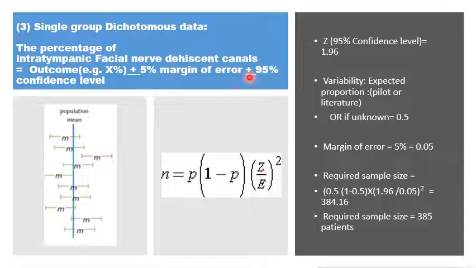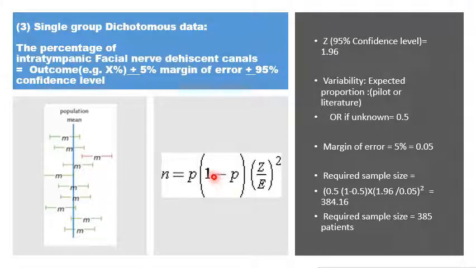If we have chosen a 95% confidence level, then the Z score for this will be 1.96, for example. The E would reflect the margin of error, and this would be 5%, and the P is the percentage of the population with or without the facial nerve dehiscence.